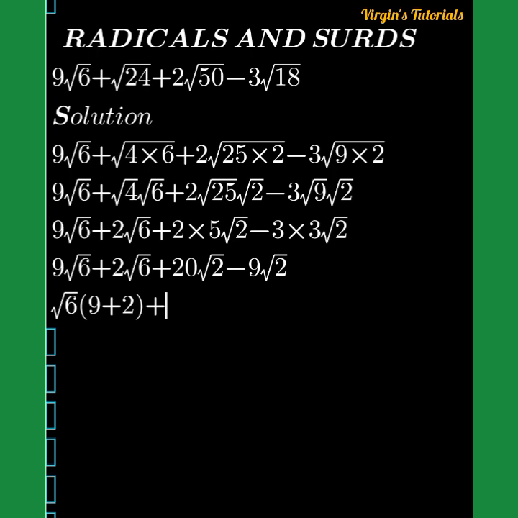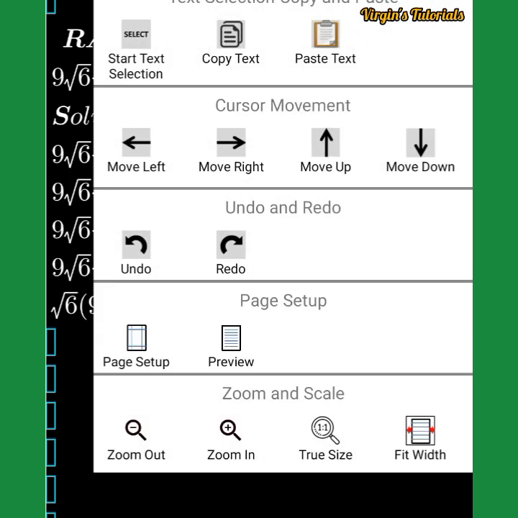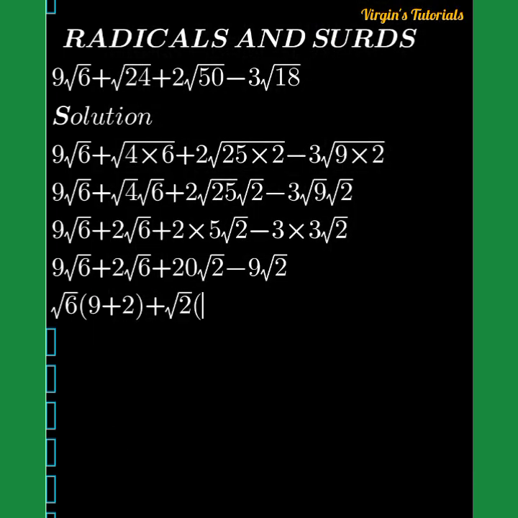Factoring out root 2, it is 10 and not 20, because 2 times 5 is 10. So root 2 cancels 10 root 2, leaving 10, and cancels minus 9 root 2, leaving minus 9. Then I close my bracket.